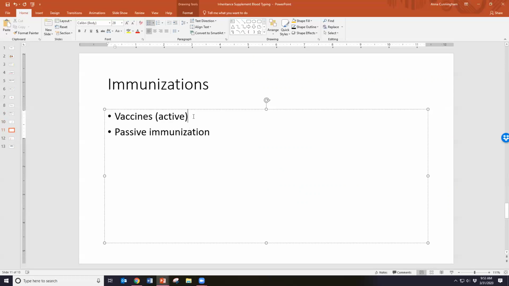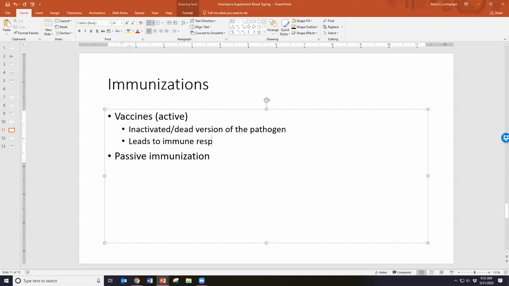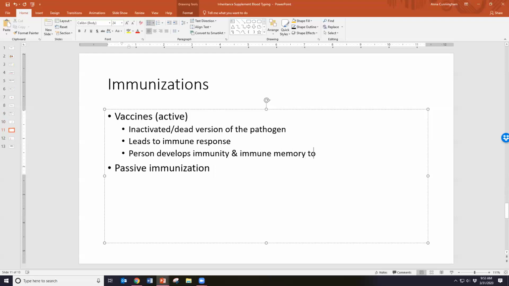So vaccines, what they do is they give you some sort of inactivated or dead version of the pathogen. This leads to an immune response, and the person develops immunity and immune memory to the pathogen. So for example, when you are a baby and you get a vaccine for, let's say, whooping cough, it's either dead or inactivated.